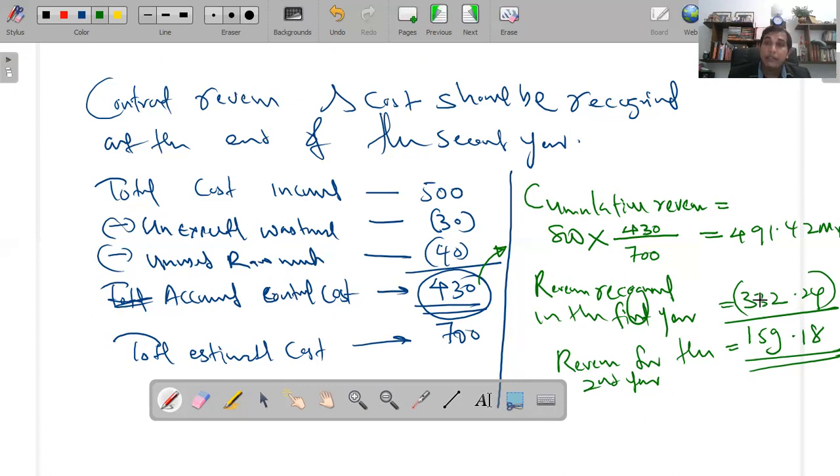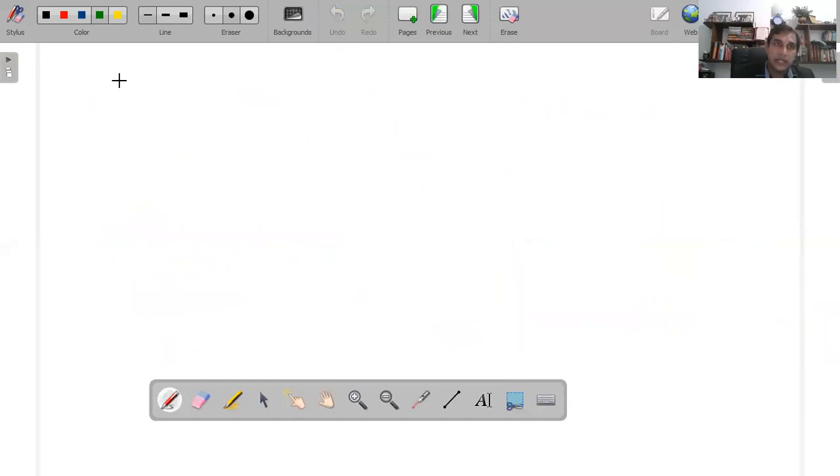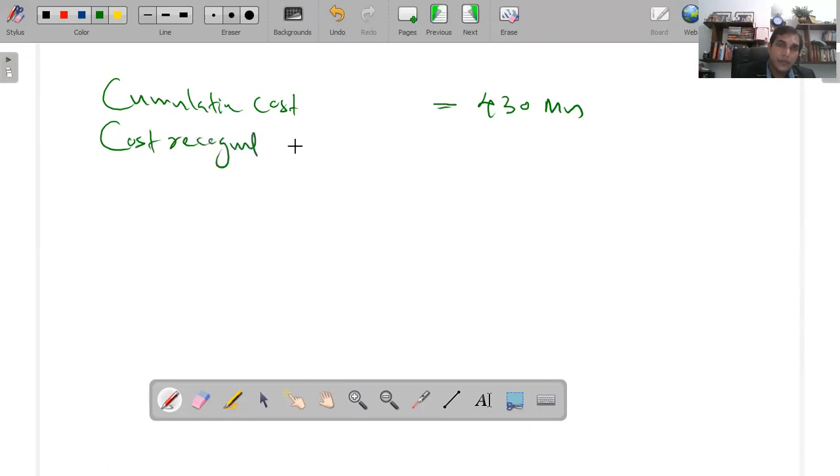And the cumulative cost. So next I would be writing the cumulative cost for the second year. Cumulative cost is 430 million. Cost recognized in the first year, that is 270. Already you are aware.